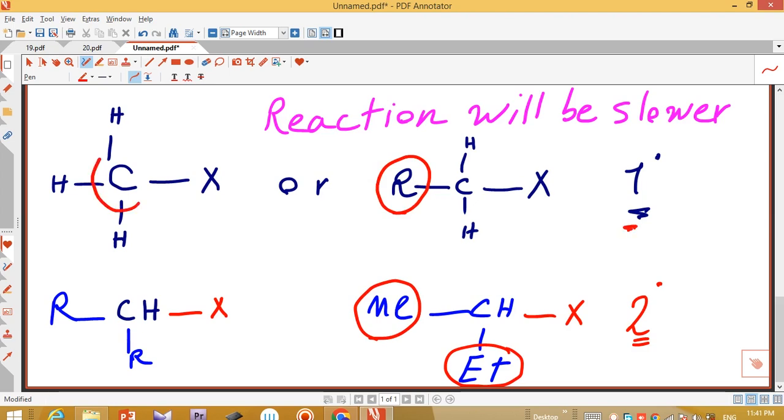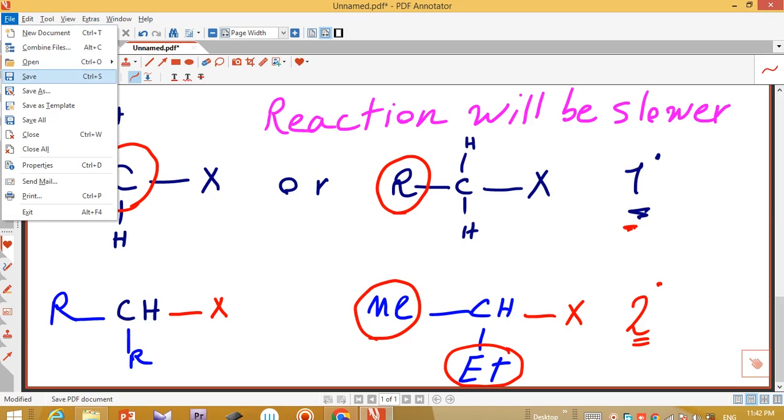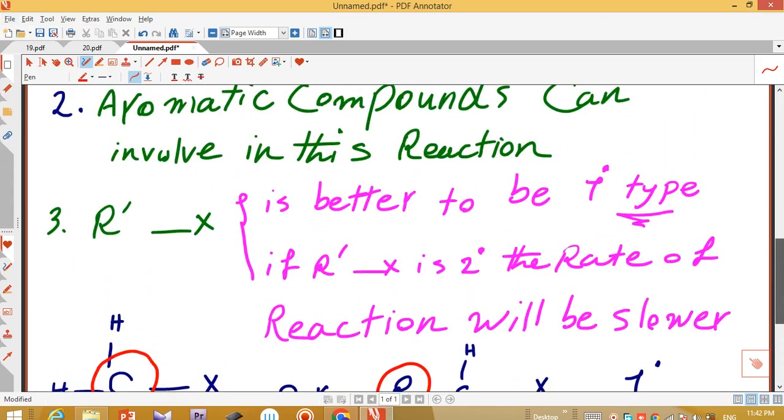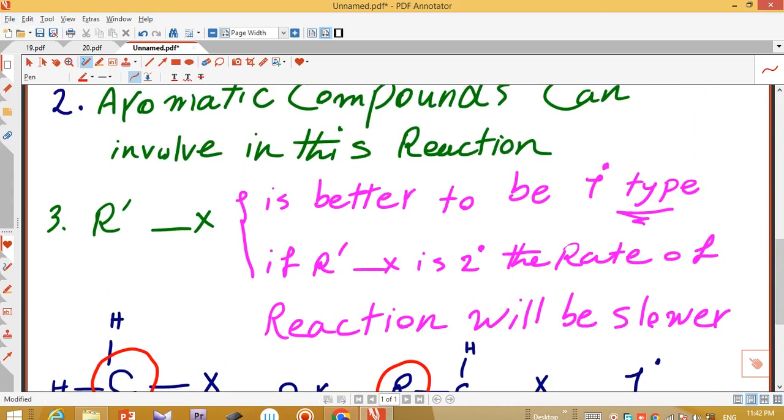Here we have one alkyl connected to our CH2X, so we have type 1. And after that, we have two carbons connected to CHX, which is type 2. And you know, my friends, the rate of reaction for carbon type 1 would be better than type 2. Why?